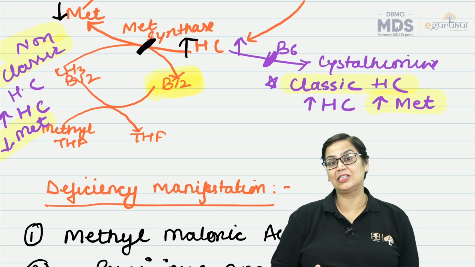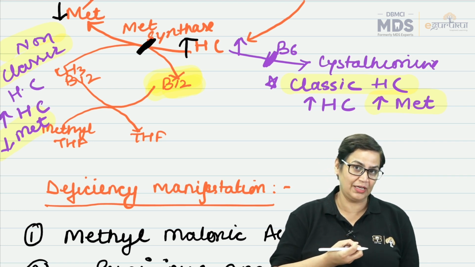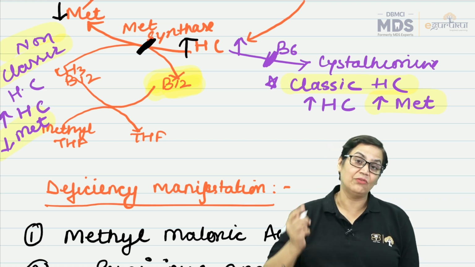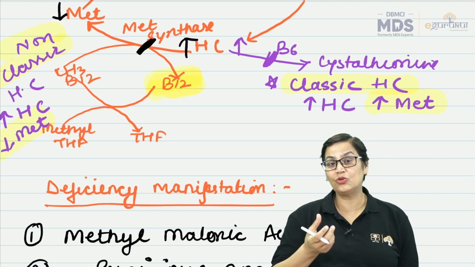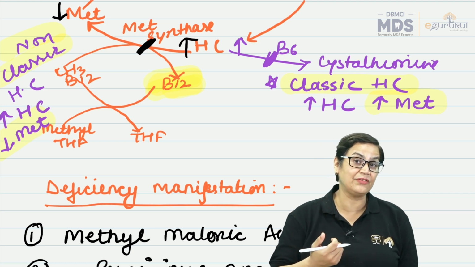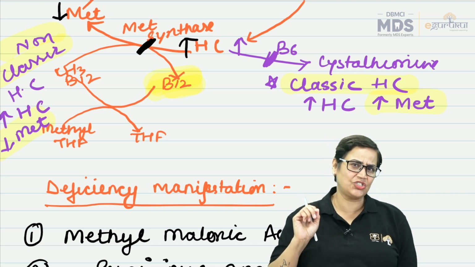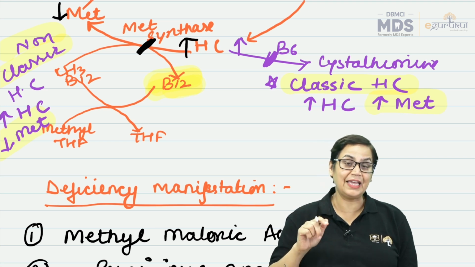And folic acid is responsible for 1-carbon metabolism. So due to the trapment of folic acid, the cells start starving of folic acid. So we say that folate is trapped. Why is folate trapped? Because the carrier of that methyl group which is keeping folic acid active is absent. And this is the only reaction in our body which requires both, means B9 and B12.